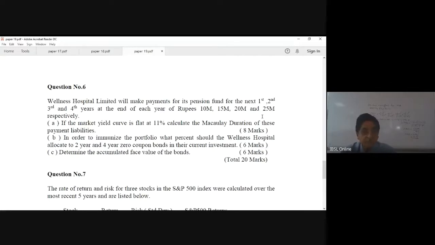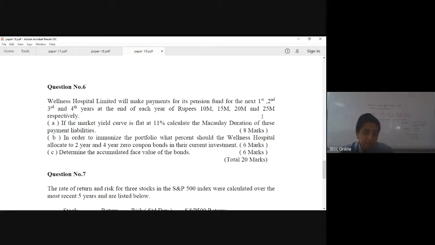Now when the question says the market yield curve is flat at 11%, the meaning is the discounting rate is 11%, or the yield to maturity is 11%. Then we are in a position to calculate the Macaulay duration.